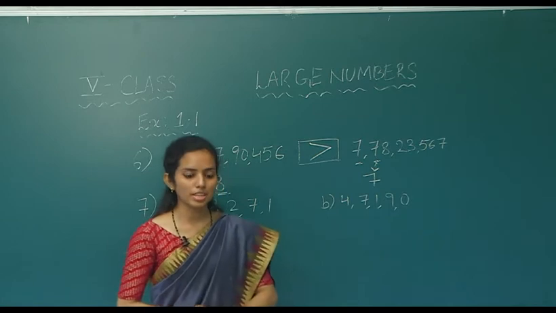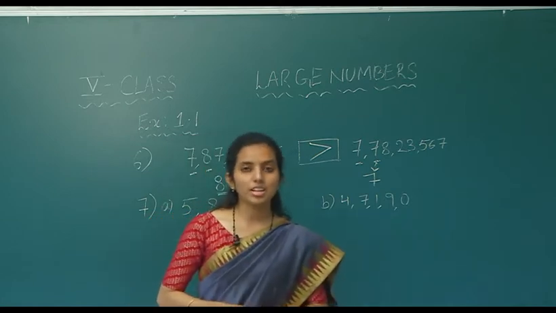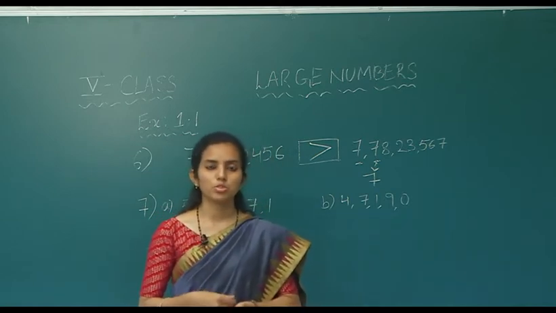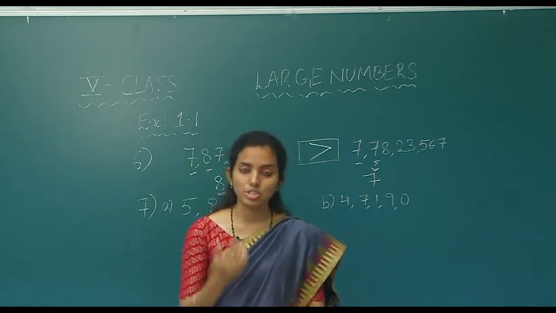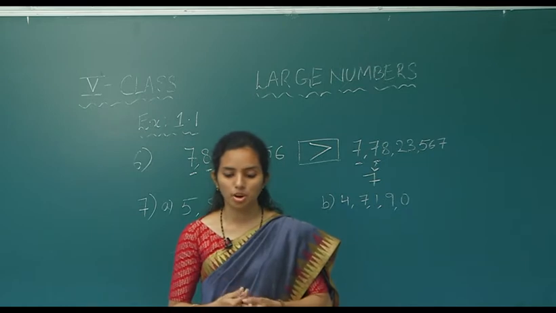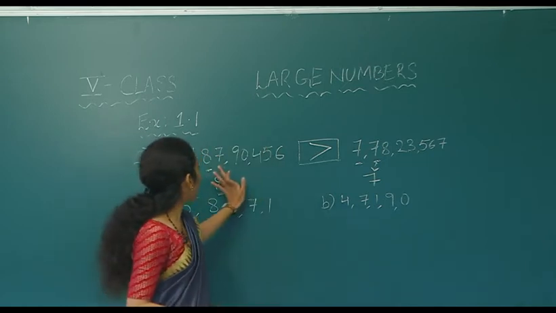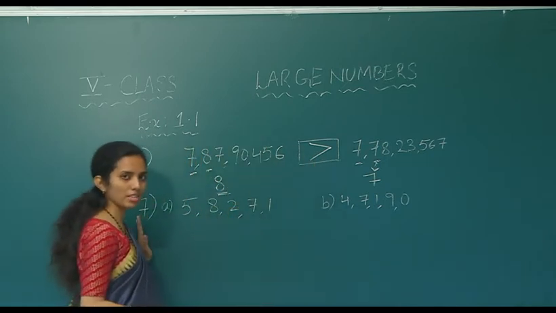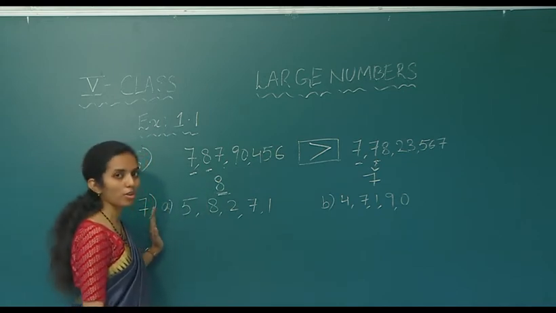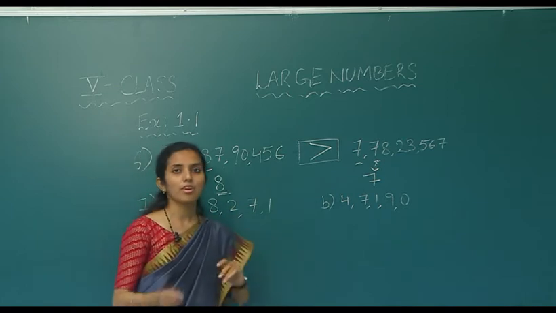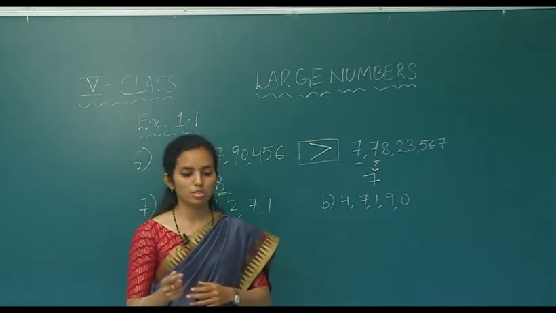In this way, he has given us another 3 examples to write down, to tell which number is greater and which number is smaller. In a similar manner, compare the numbers from the left hand side, that is from the highest place value, and decide which number is greater or smaller.